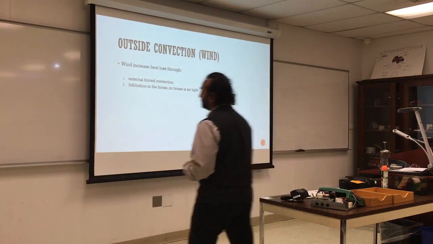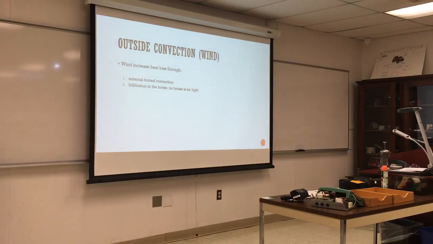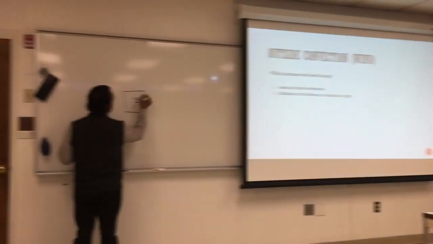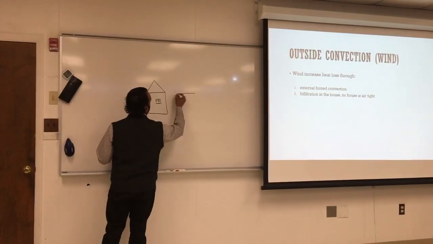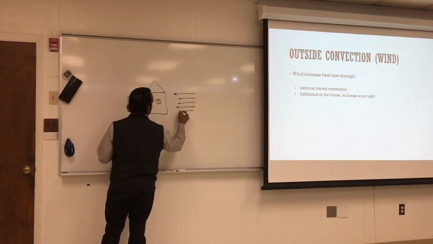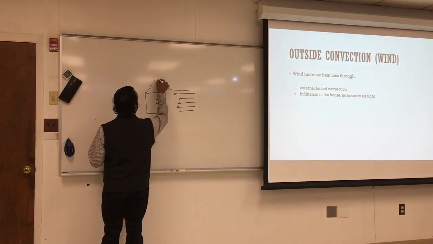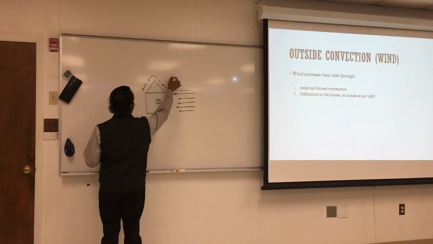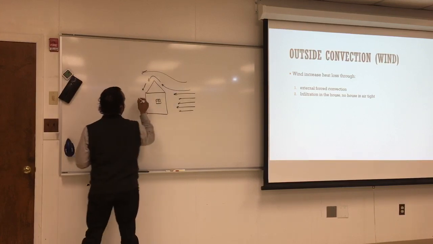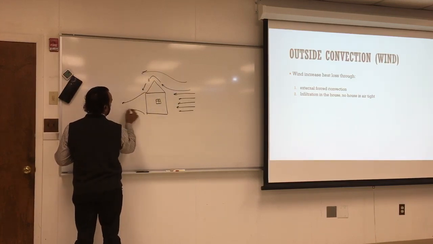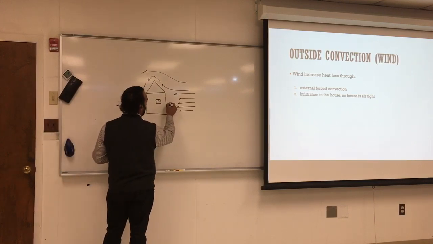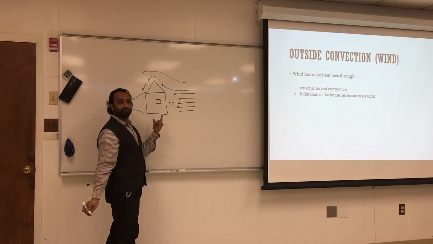So, for example, a small house here. Let's say the wind is from this direction. Here you'll have positive pressure.